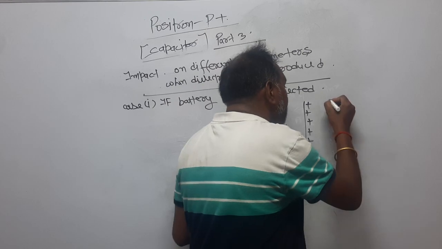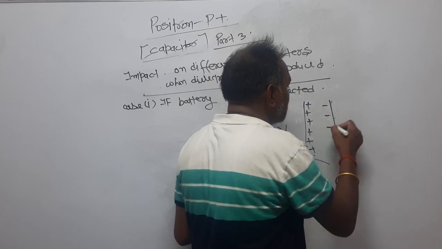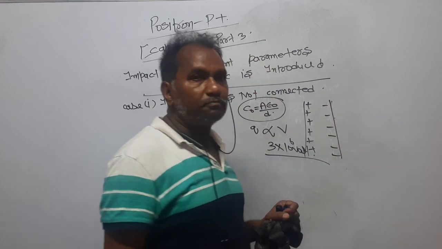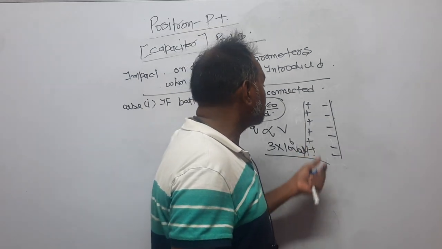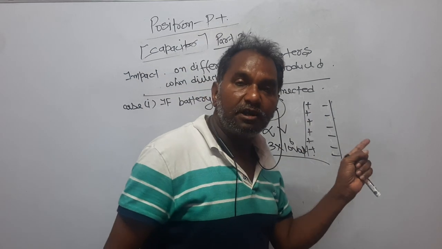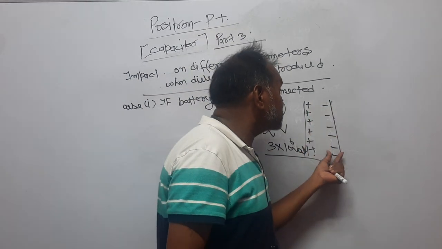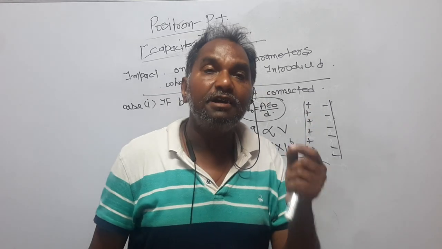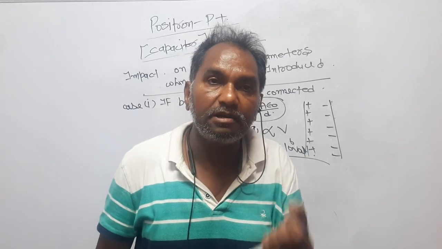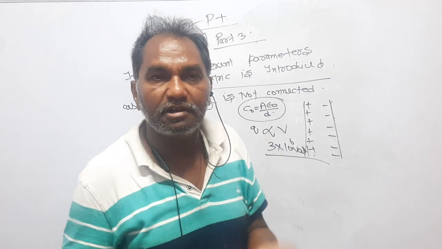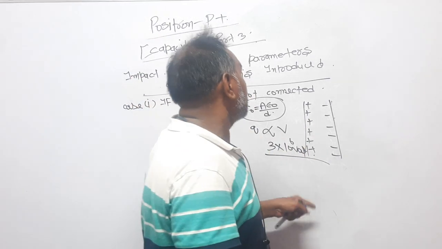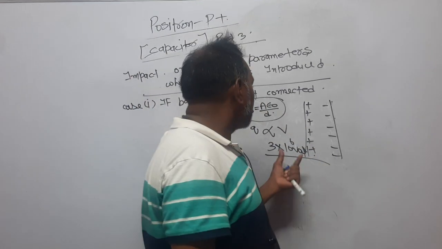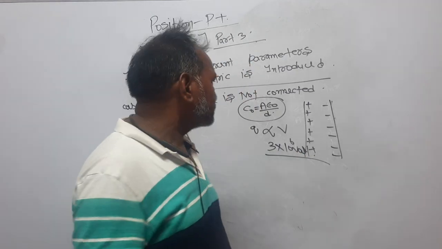It is a basic and necessary condition that the capacitor has two oppositely charged plates. Because of the positive plate the potential increases, but because of the negative plate the potential of this plate decreases. So you are able to decrease the potential, and now you can further charge it up to this level.